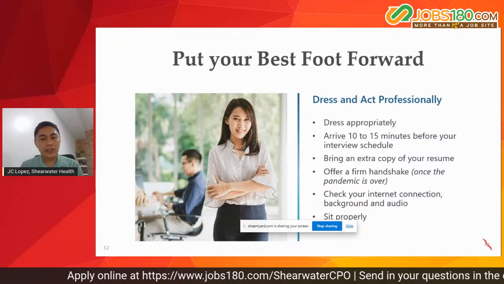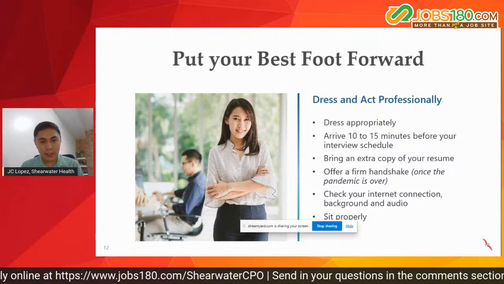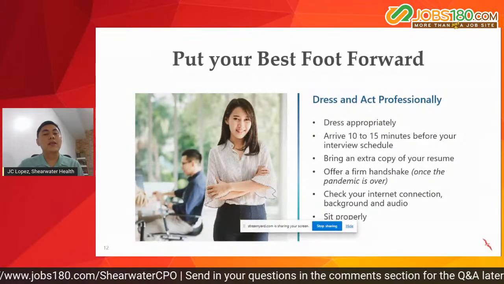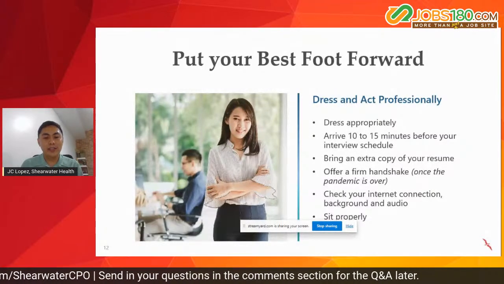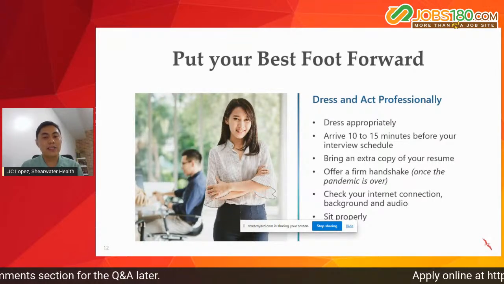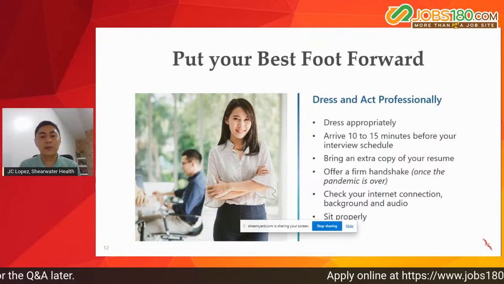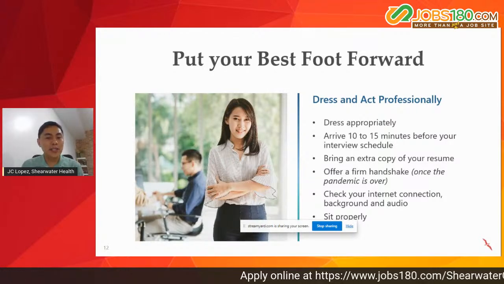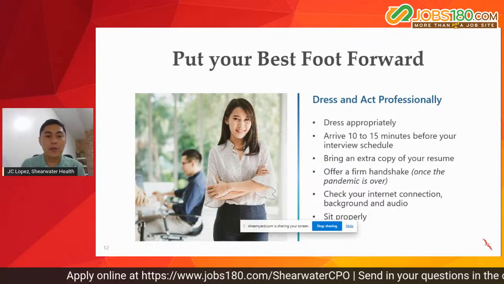Check your internet connection, your background, and your audio. If this interview is going to be virtual, make sure your internet connection is stable, your background is clean of any potential distractions, walang dadaan sa tabi-tabi, walang tatahol na aso or ng pusa, right? It's clean, and your audio is working properly. We can hear you properly.